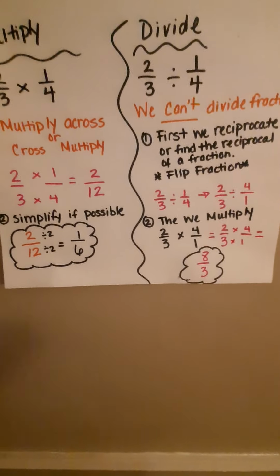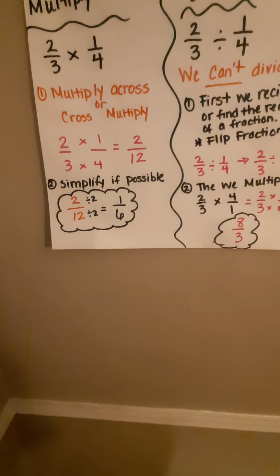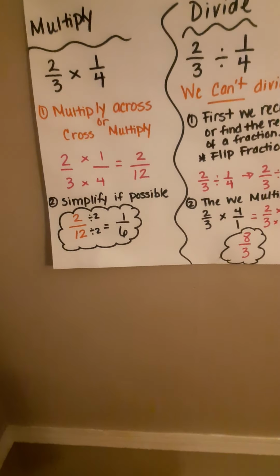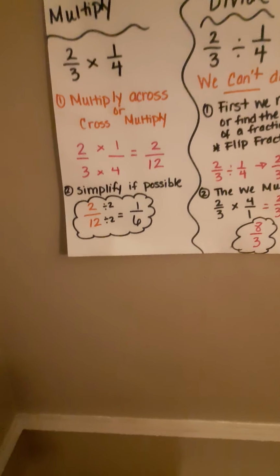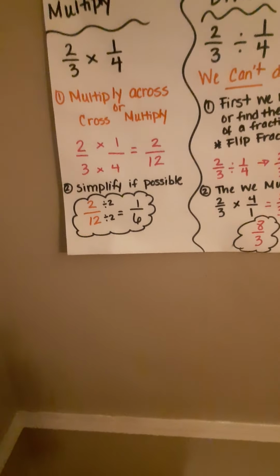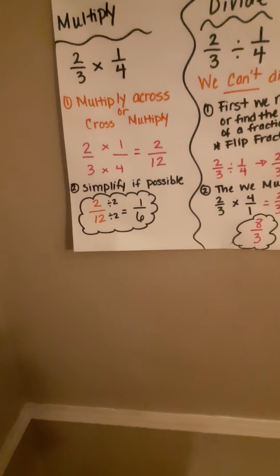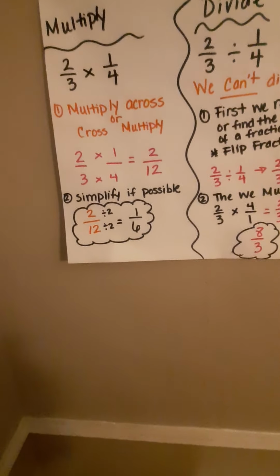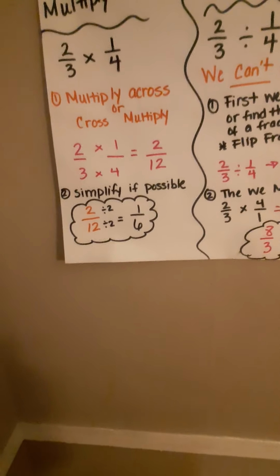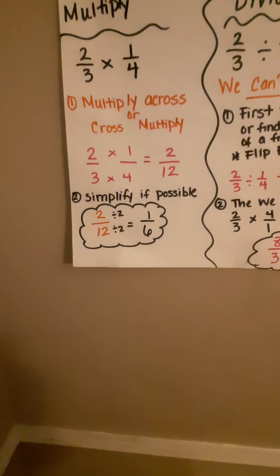I divide the fraction by the greatest common factor. 2 divided by 2 is 1, and 12 divided by 2 is 6. So again, in order to simplify a fraction, we must divide by the greatest common factor of both the numerator and the denominator. Piece of cake, piece of pie.